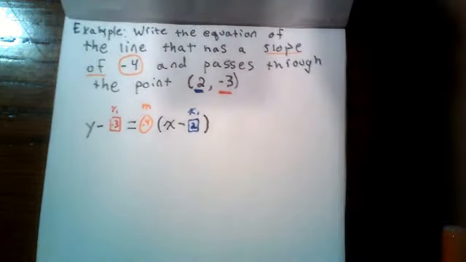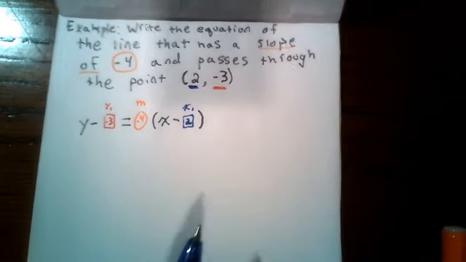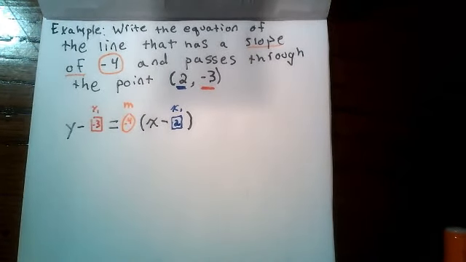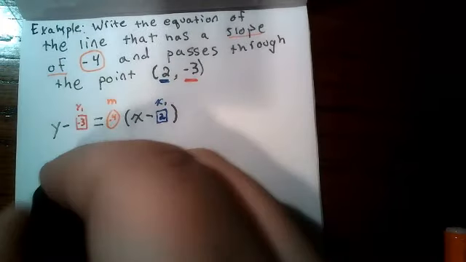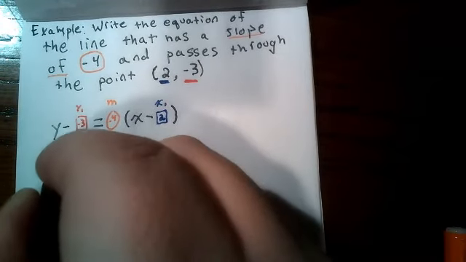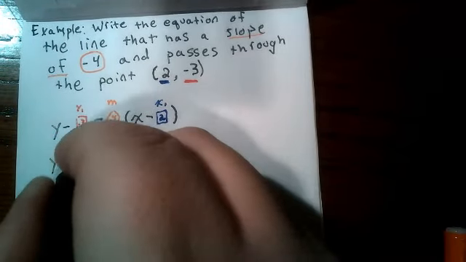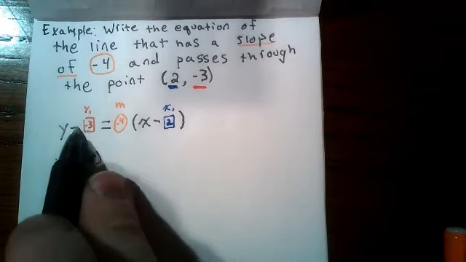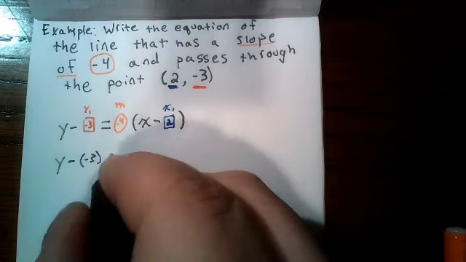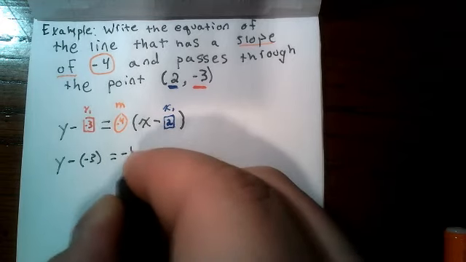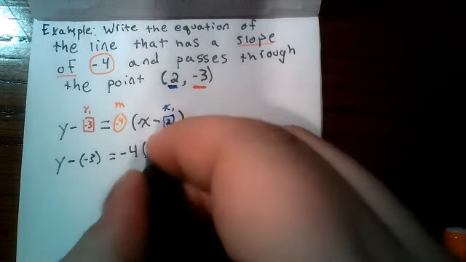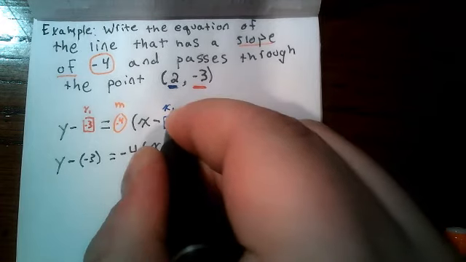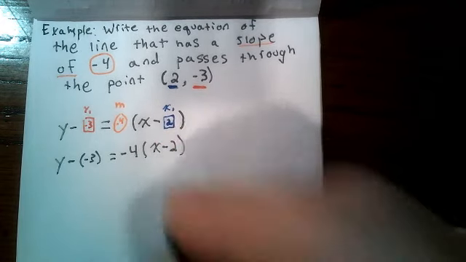Now I'm not going to give my answer in these boxes in this oval. I'm going to rewrite it. So this is y minus -3, subtracting a negative, right? I have two negatives here, equals -4 times x minus my x1 value, 2.